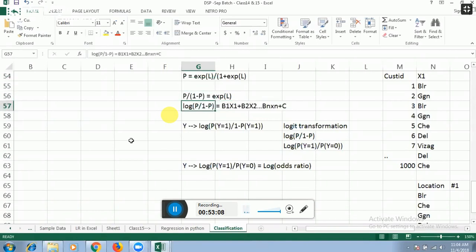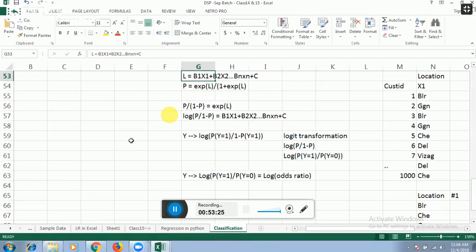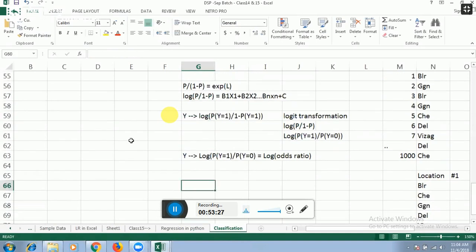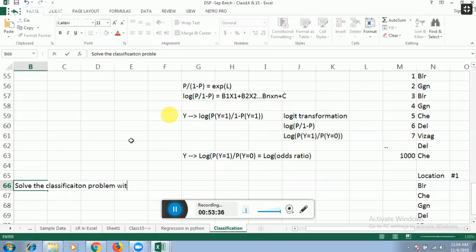So to estimate my betas, I'm using this relationship because I know the linear regression concept. Correct or not? Once I get this equation, I will convert it into P. So that is my output. So indirectly, if I solve the classification problem with this technique, what is your output?